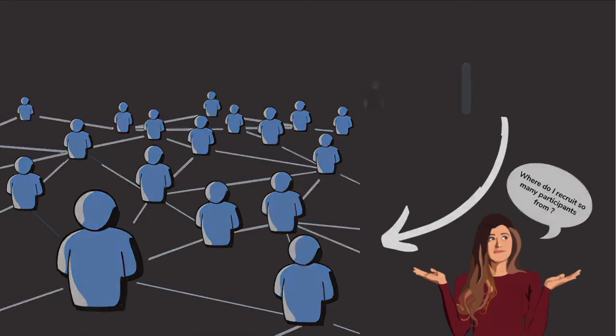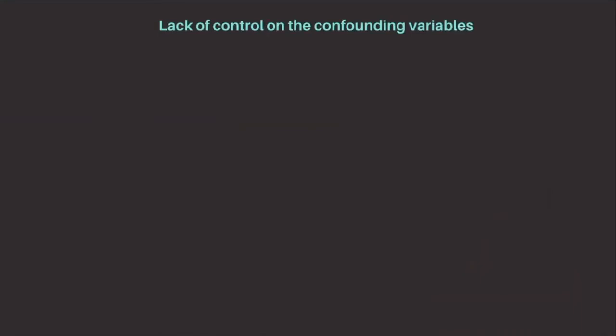Moving on, the other disadvantage of using the between subjects design is that it can decrease our control over the confounding variables. To understand what confounding variables are, you can check out our video on confounding variables by clicking the I button on the top right corner of the screen or finding the link in the description below.